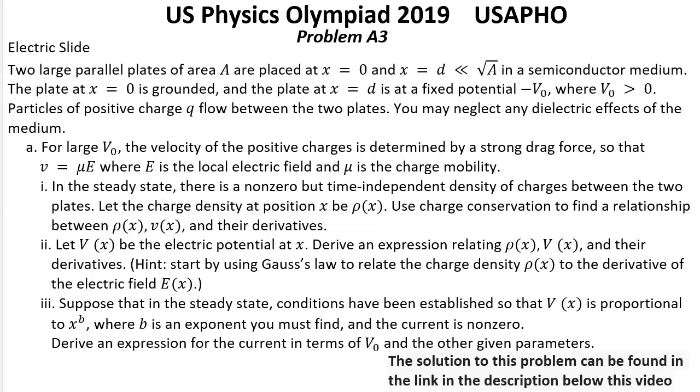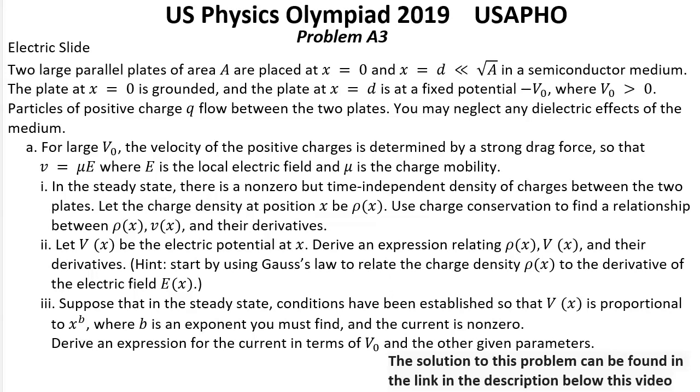In the steady state, there is a time-independent density of charges between the two plates. Let the charge density at position x be rho(x). Use charge conservation to find the relationship between rho(x), V(x) and their derivatives.